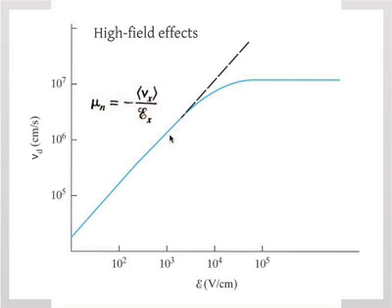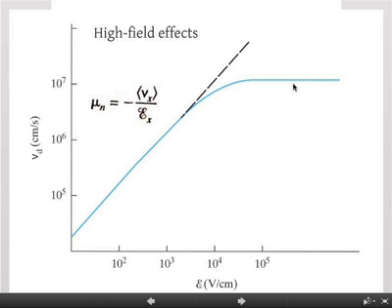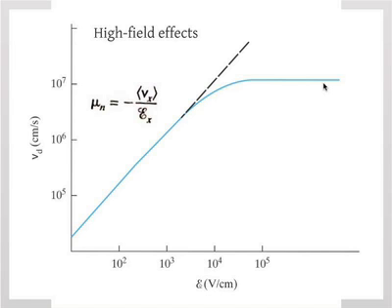But once you apply enough of a field, electrons gain so much energy that the extra velocity gained from the field is lost by collisions with the lattice. The velocity will basically saturate, which is what you see here. So no matter if you apply a higher field, the velocity does not increase anymore. This is what's called the high field effect. We should be aware of this also.